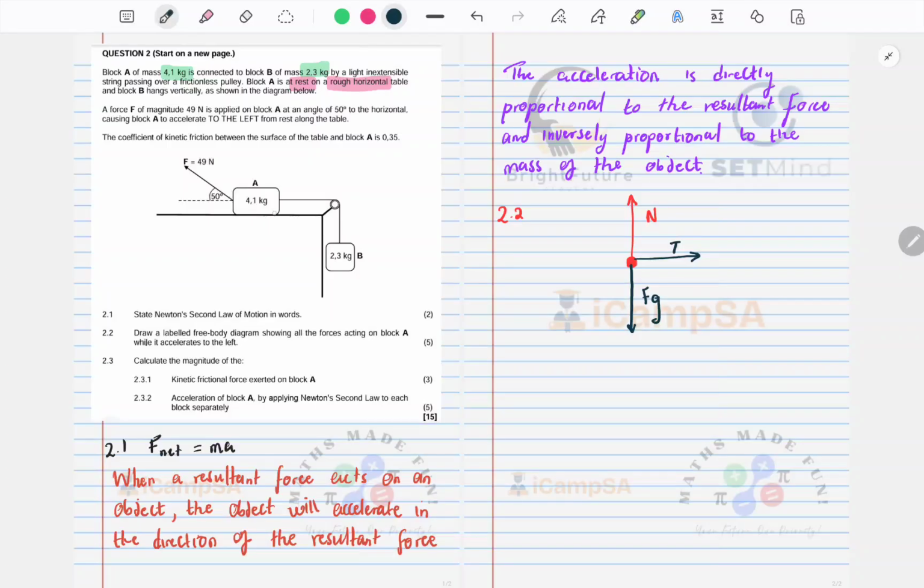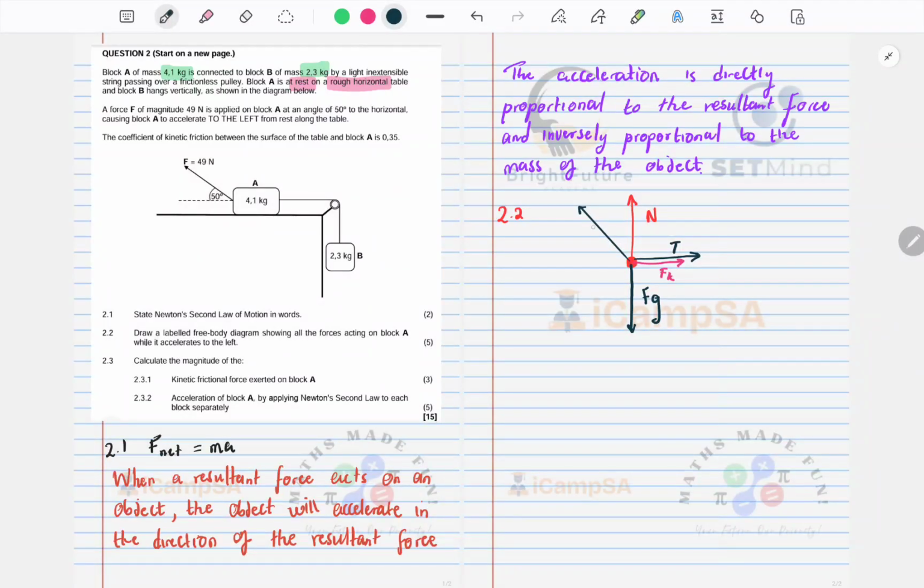If you can see here, this box is moving to the left, and we are told that this is a rough surface, so we're going to have friction here. That means there's a frictional force. So now we have about 4 forces. Then the last one becomes the applied force, which is like so.